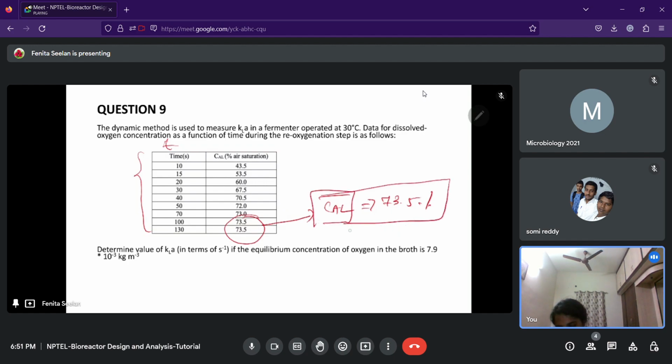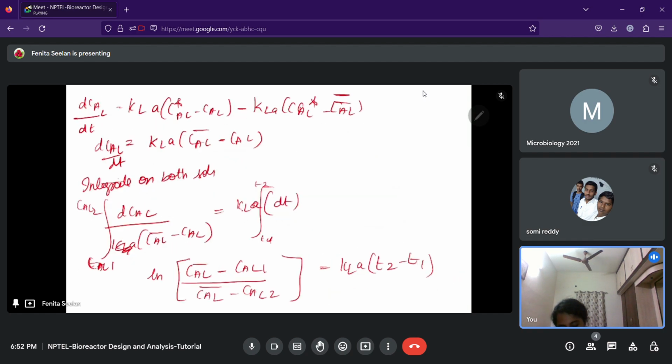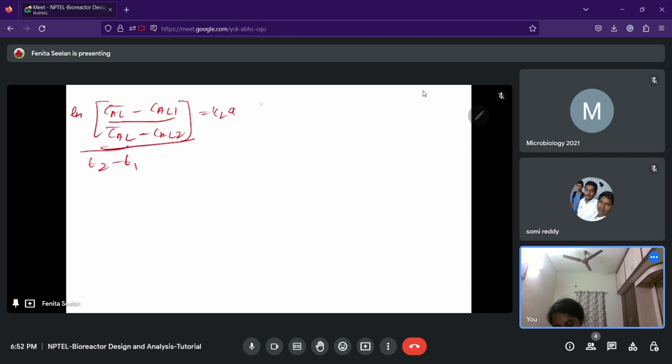Taking this as CL1 and this as CL2, and similarly if you keep on doing this, with T1 and T2, you should be able to calculate in a table.